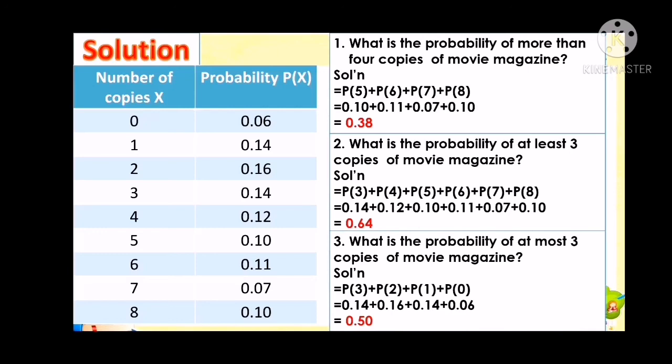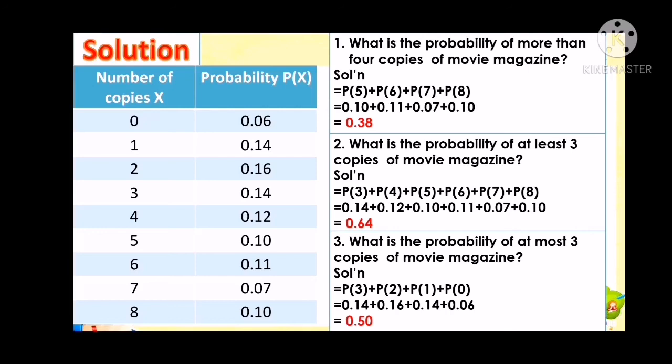So, wag kayong kakamali doon sa at least and at most. At least, mababa, pataas. Okay? Kasama si 3, pataas. Kapag naman at most, kasama si 3, pababa. Okay? So, going back to the problem.